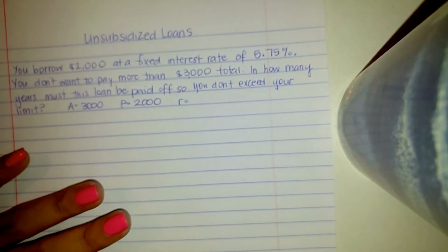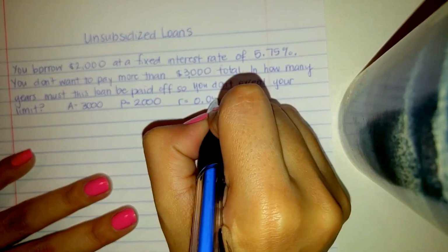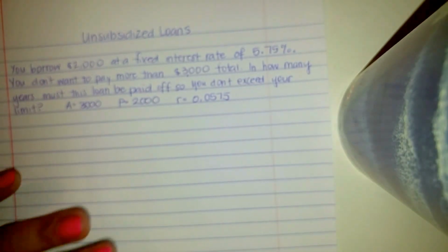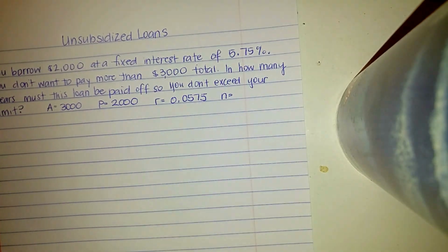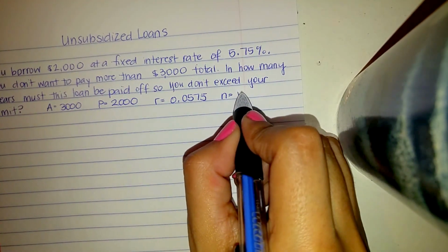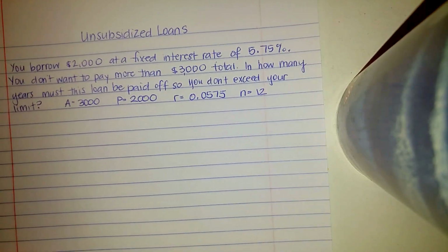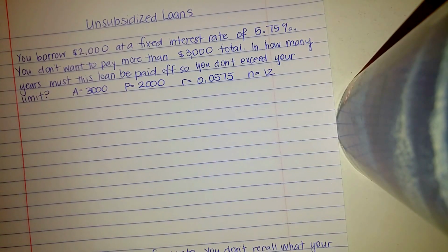Again, I have to write that as a decimal. And again, this is compounded monthly, so I'm going to have n equal to 12. Now I'm going to plug what I have into my equation and see what it looks like.